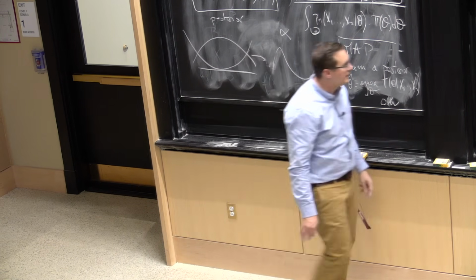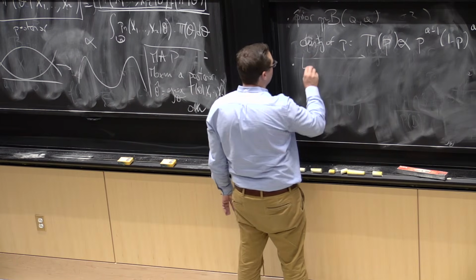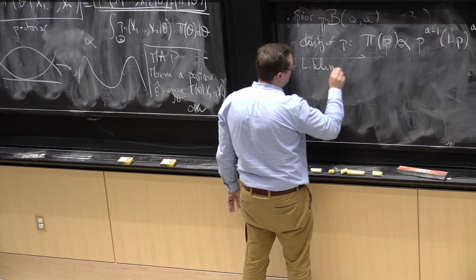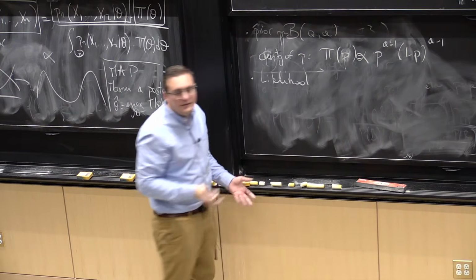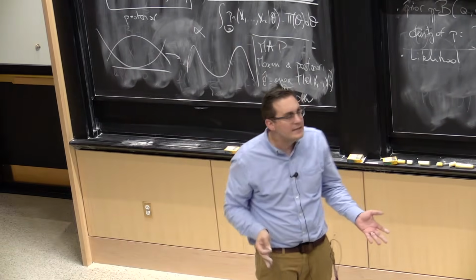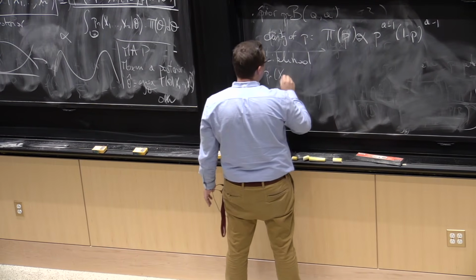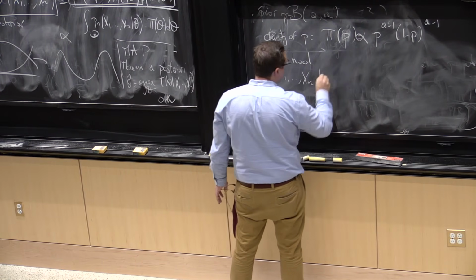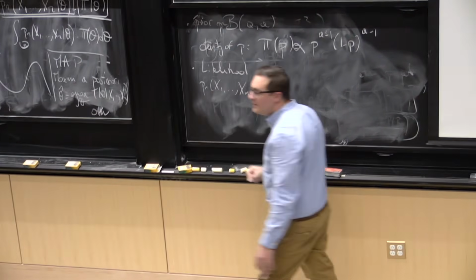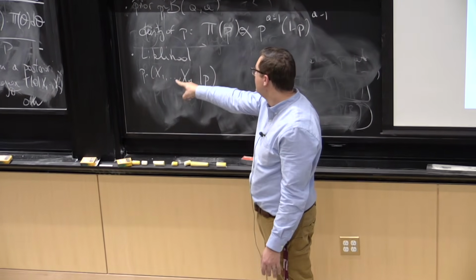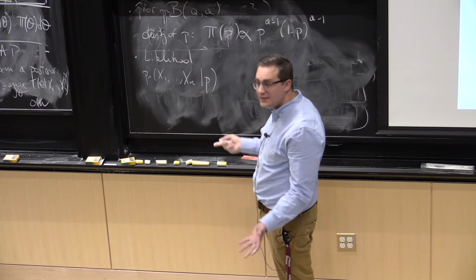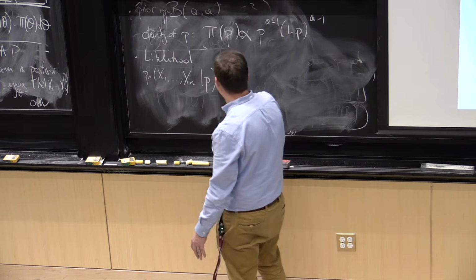The second one was the likelihood. Well, we've computed that many times. And we had even a nice compact way of writing it, which was that Pn of x1, ..., xn, given a parameter P, right? So the joint density of my data given P, that's my likelihood, the likelihood of P, was what?